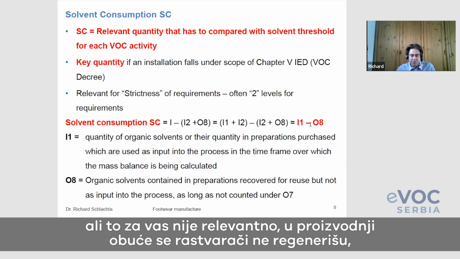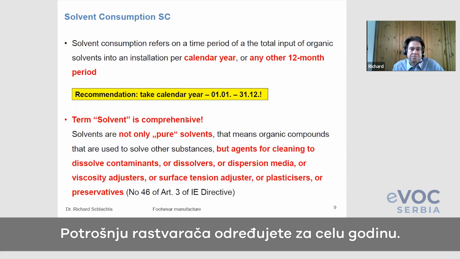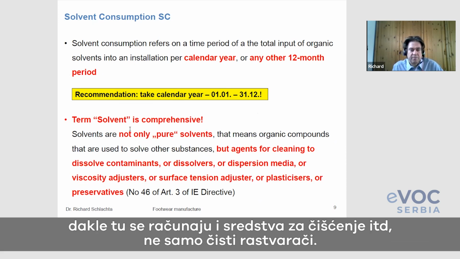You can forget this, because you will have no recovery of solvents. You don't operate a distillery, so generally this is 0. The solvent consumption you have to determine for the whole year, and please don't forget, solvent is a very comprehensive term. Cleaning agents and so on we have to consider too. So not only pure solvents fall under the term solvent.